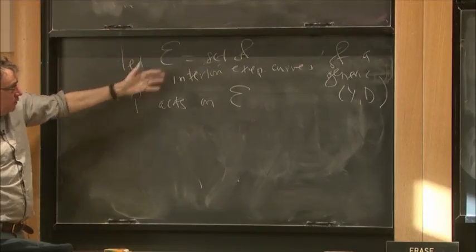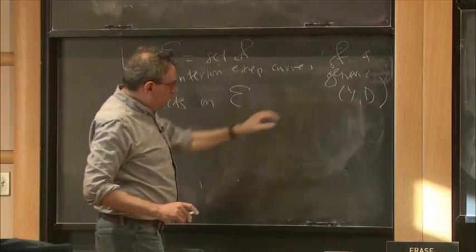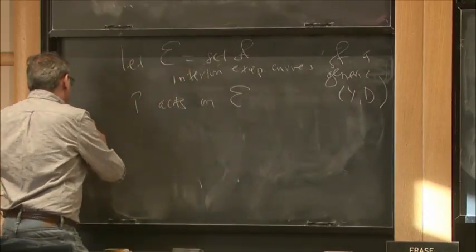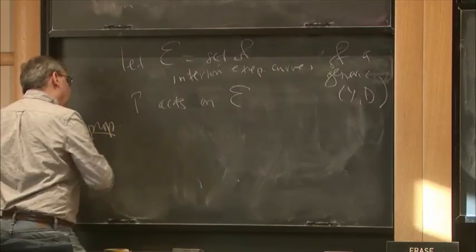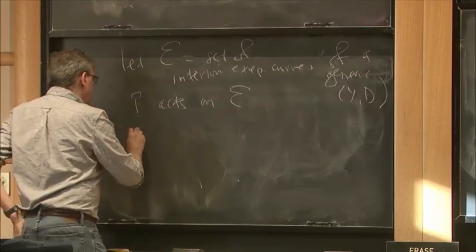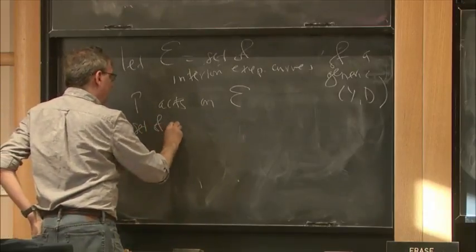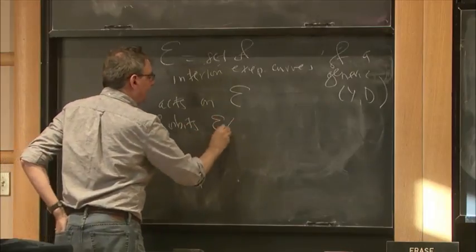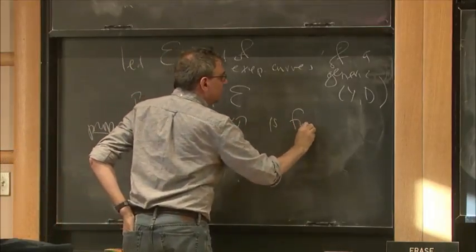So gamma will permute the set of interior exceptional curves, at least in the generic case. And then you can show, it's not really too hard, that the set of orbits is finite.